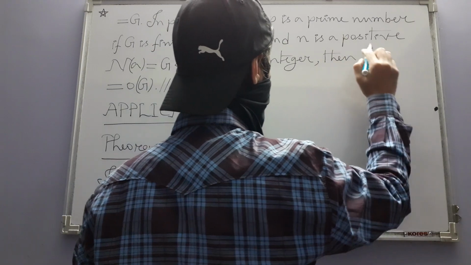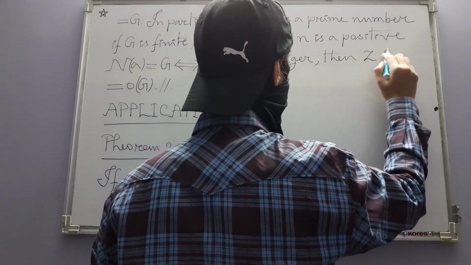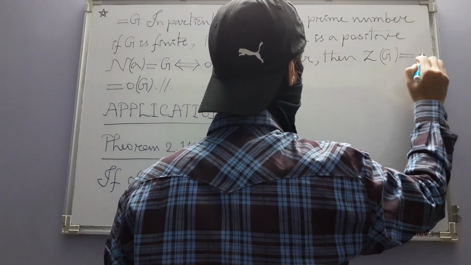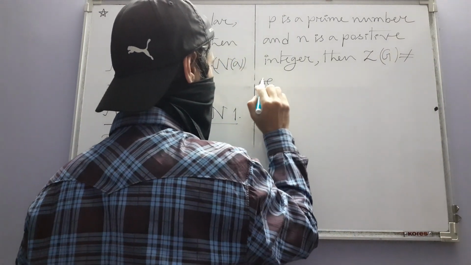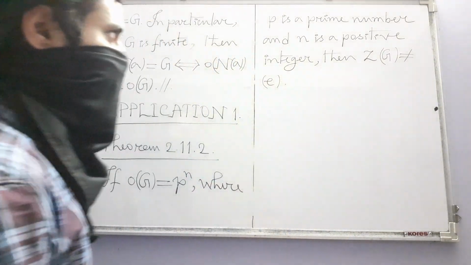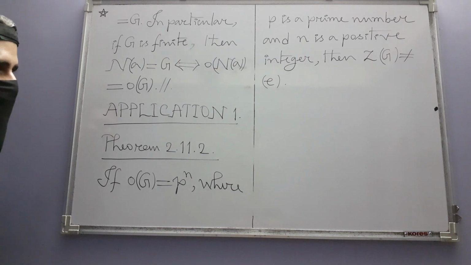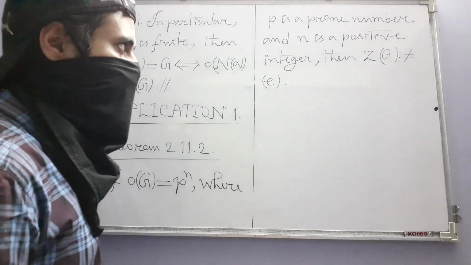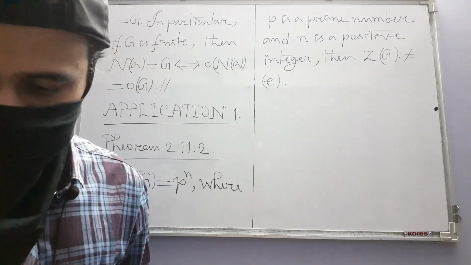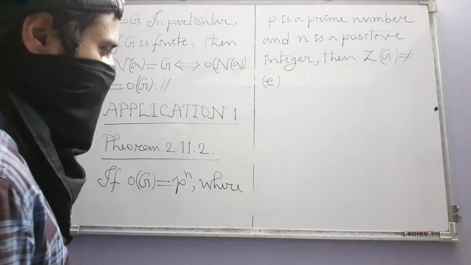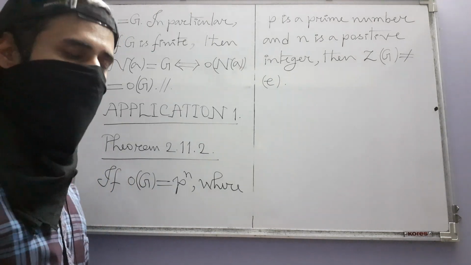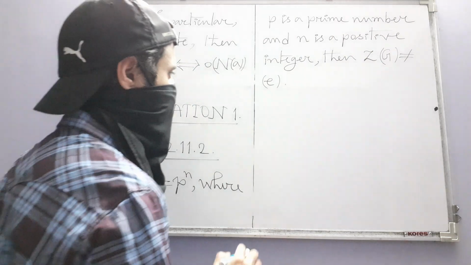Then the center of G is not equal to the trivial group consisting of only the identity element. Now this fact is important, and it is going to now be proved by the class equation.